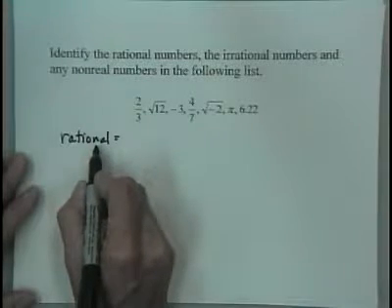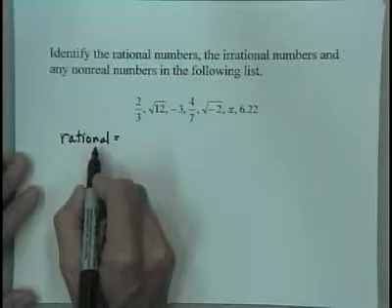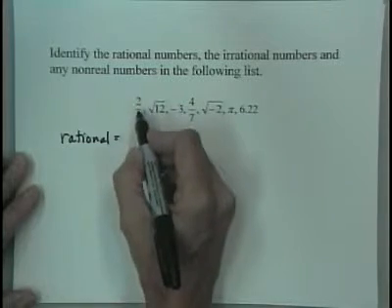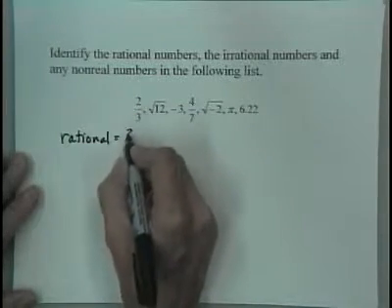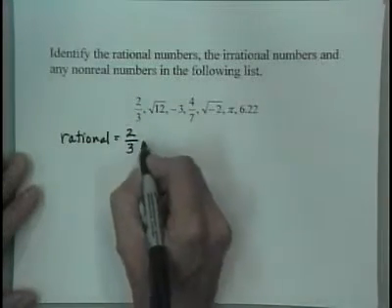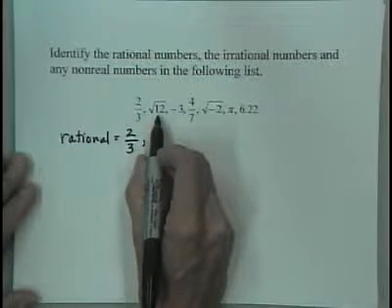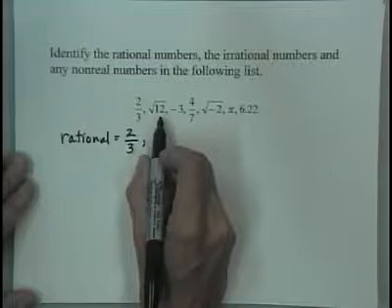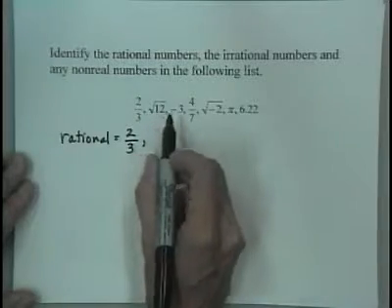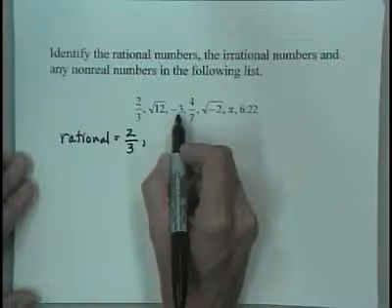Rational numbers are ratios of integers, so the first number in our list is a rational number. The next number in our list is the square root of 12. That cannot be written as a ratio of integers, so it's not rational. The next number is negative 3.